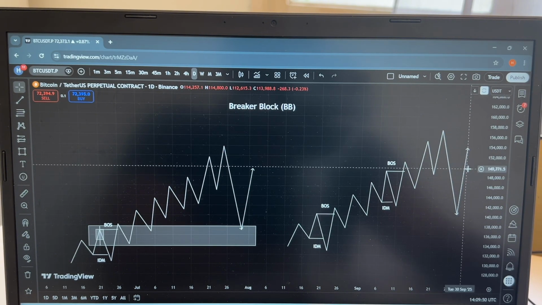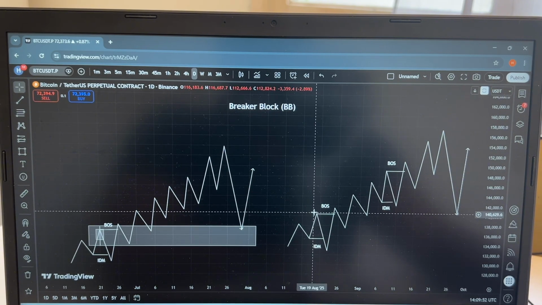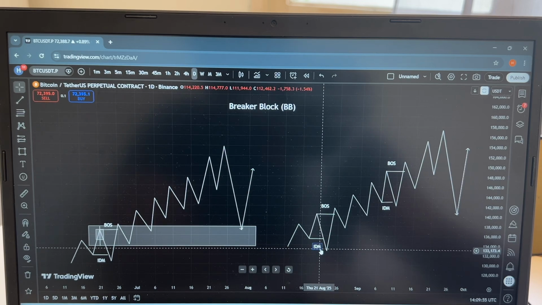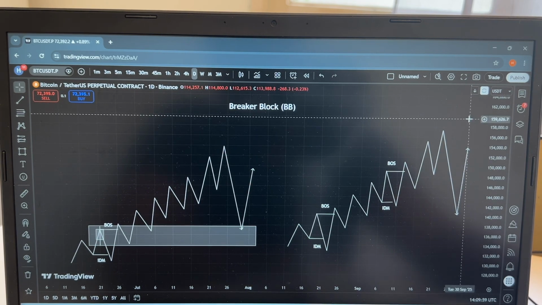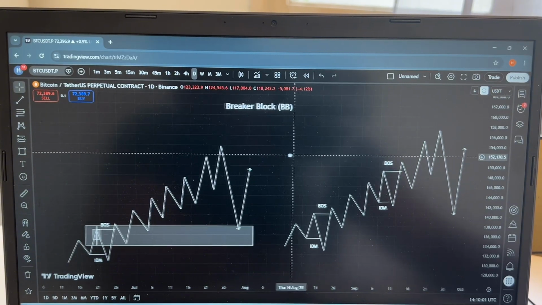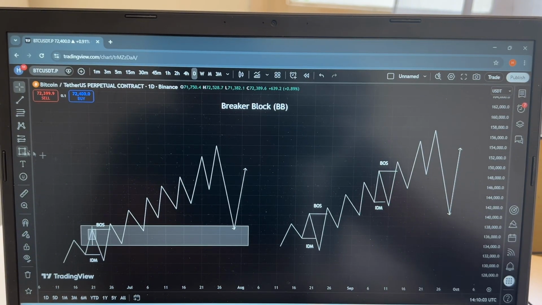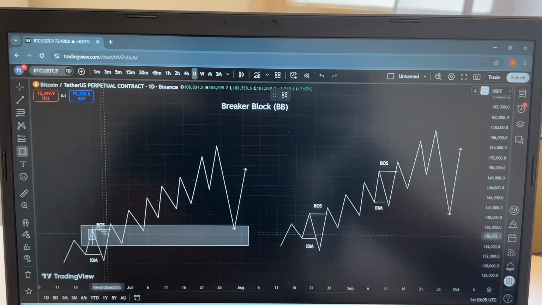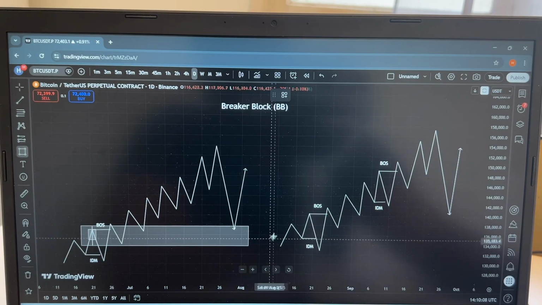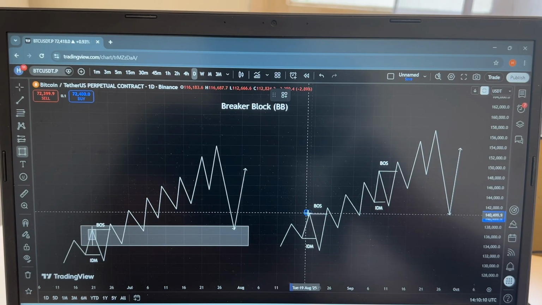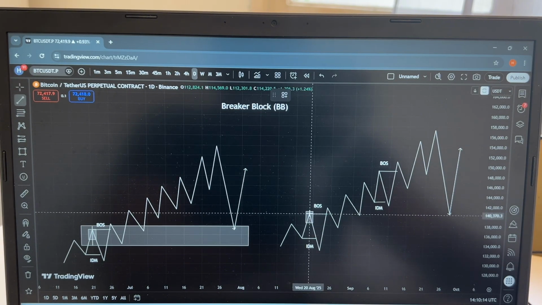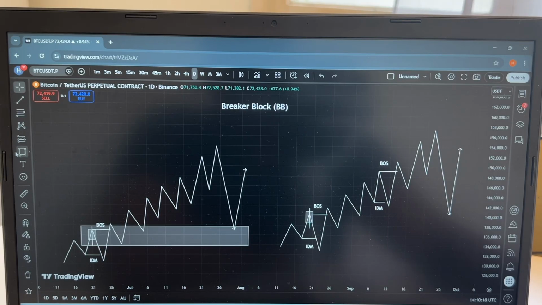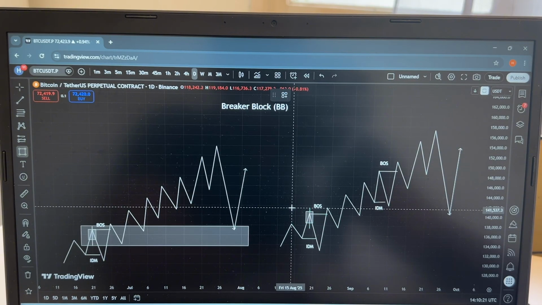It turns its way and comes back to the breaker block of the previous BOS before going further higher up. Like the previous example I showed you, it's going to be something like this. Okay, so the breaker block should be somewhere over here.